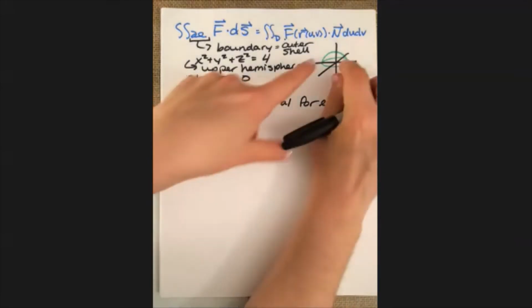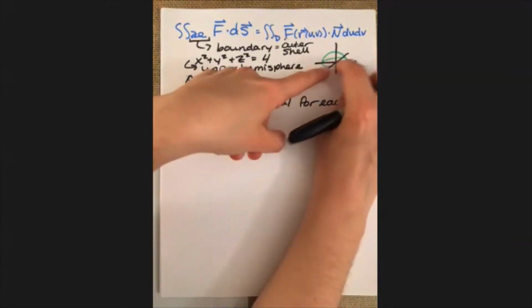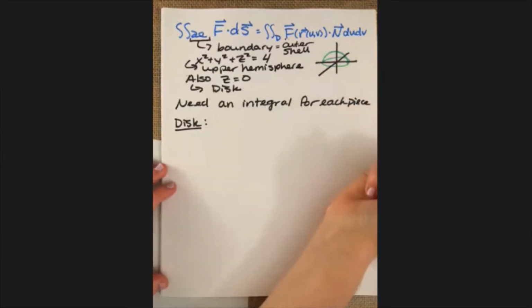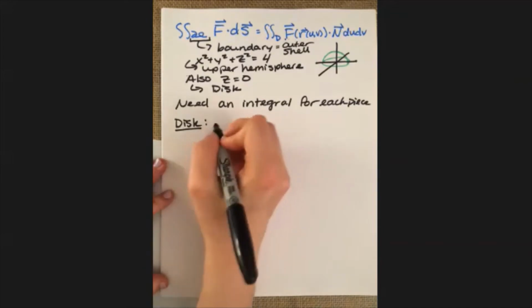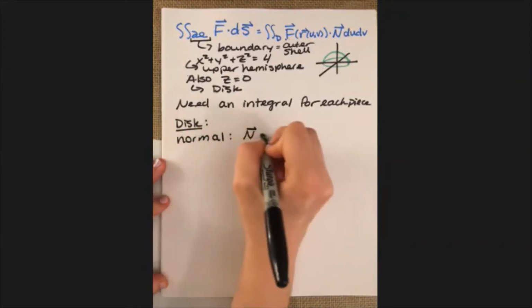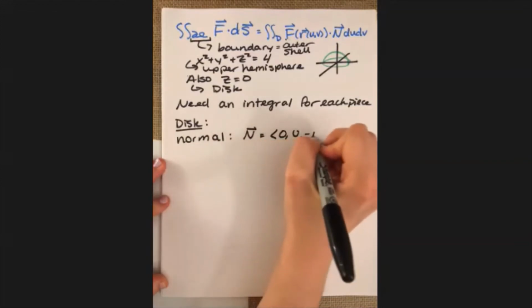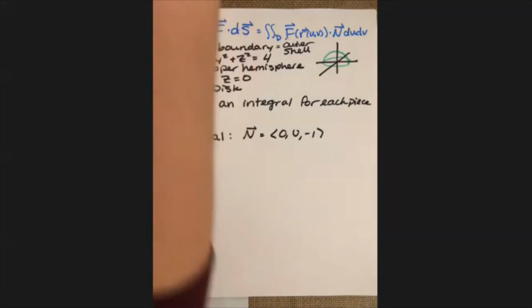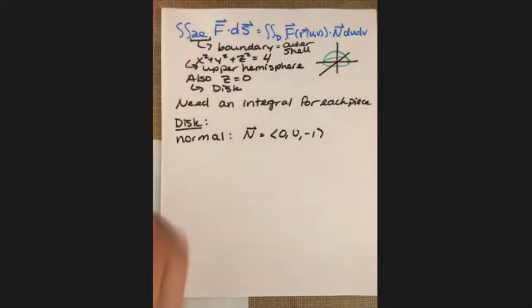And we're going to observe that any vector that's perpendicular to that disk lying flat on the XY plane has to be of the form 0, 0, -1, basically. We want it to point downward because we need our outward orientation.